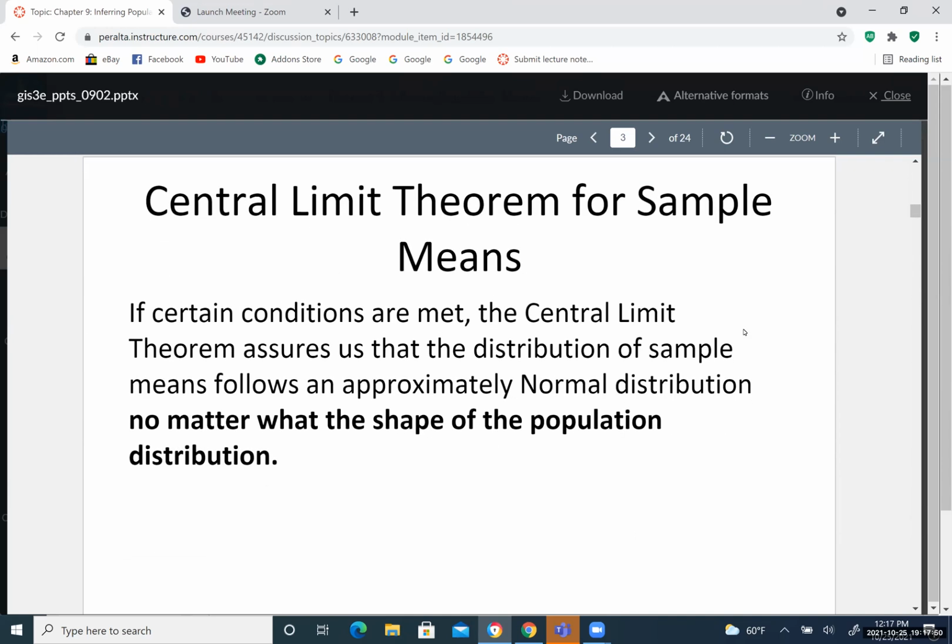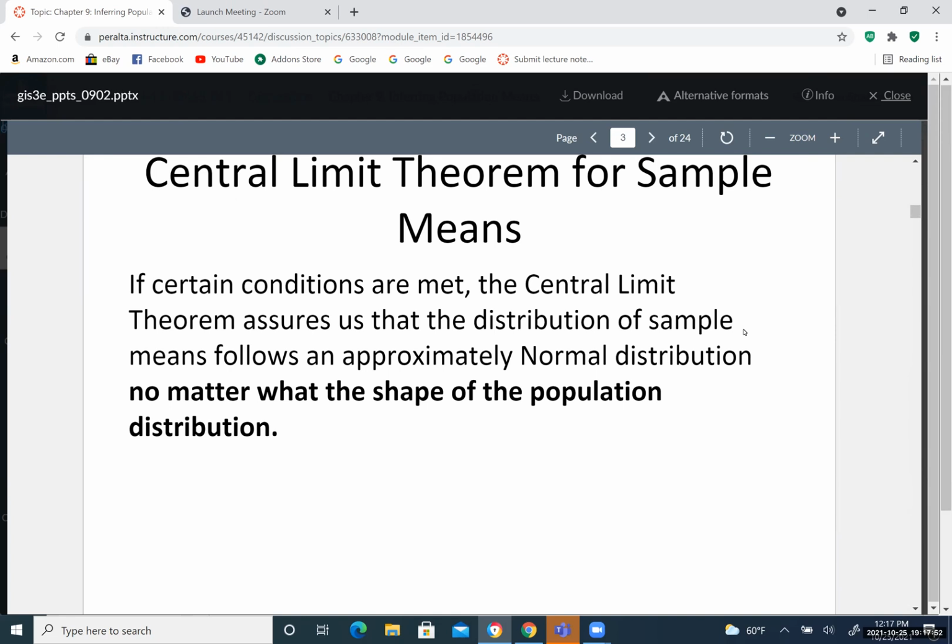Let's look at the central limit theorem first. If certain conditions are met, so what are the conditions? You will see later, there are 3 of them. The central limit theorem asserts that the distribution of sample means follows an approximately normal distribution, no matter what the shape of the population distribution. So when you check the central limit theorem requirements, it's okay to treat that distribution as a normal distribution.